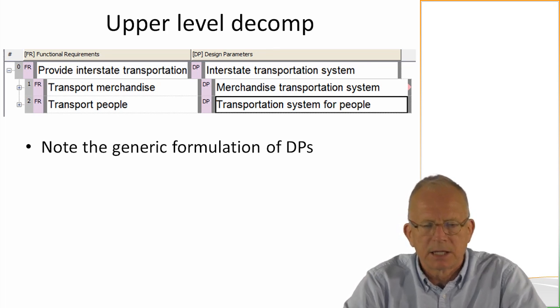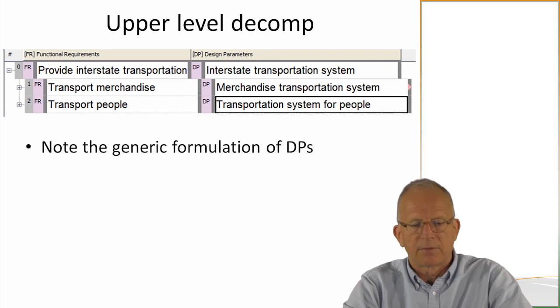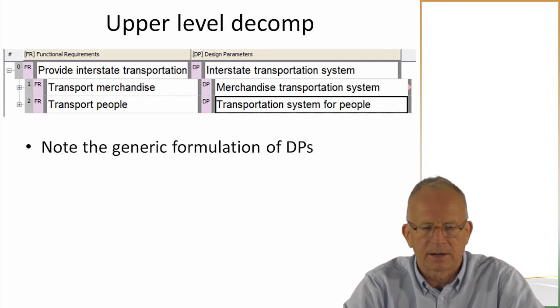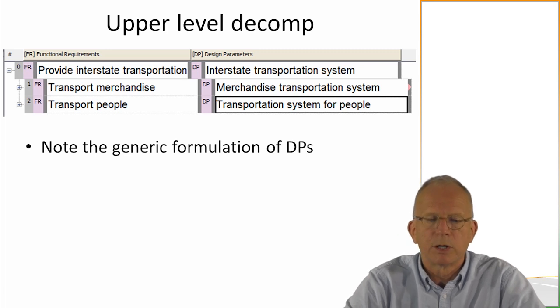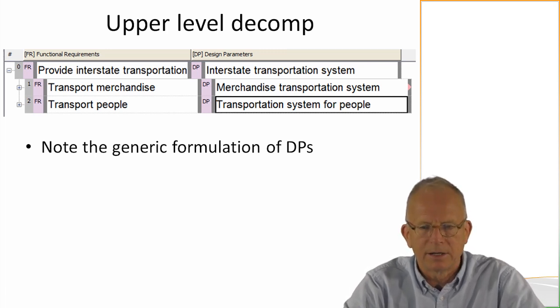Now, this is being done in Acclaro, which you can get from axiomaticdesign.com. Here we're looking at provide interstate transportation, or transport things at an interstate level. So the DP is somewhat generic, it's an interstate transportation system.